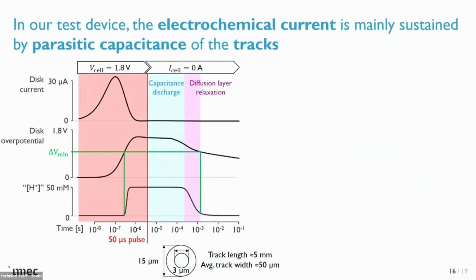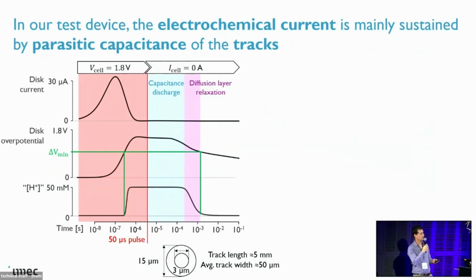The red part here is during the charging pulse, in this case 50 microseconds. You get a very large current at the beginning. This is basically the charging of our track capacitance. We have a very long track, so it takes a lot of current to charge that. Once that is charged, the overpotential will start to build up on the disk, and only once that overpotential reaches a certain threshold will you be able to generate protons.